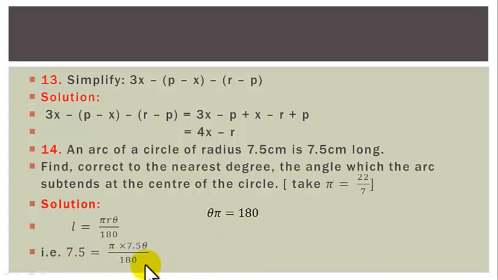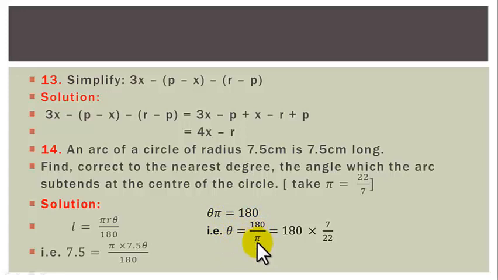And when we cross multiply, that will give us pi times theta, which is theta pi, equals 180. That is, theta is equal to 180 over pi. When you divide both sides of this equation by pi, you obtain theta equals 180 over pi.